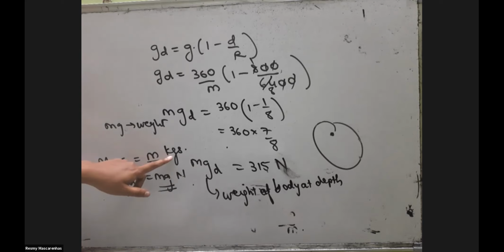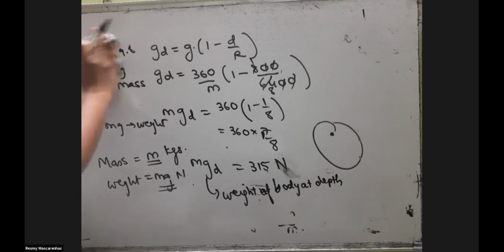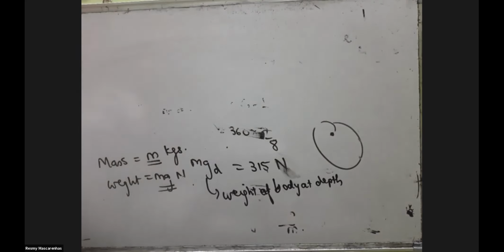So basically what we say is, when I say I weigh 50 kgs, it tells me my mass, not exactly weight. Weight would have been 50 into 9.8. So this is the weight of the body at depth which was asked to find. So that is how much he weighs below the surface of the Earth.